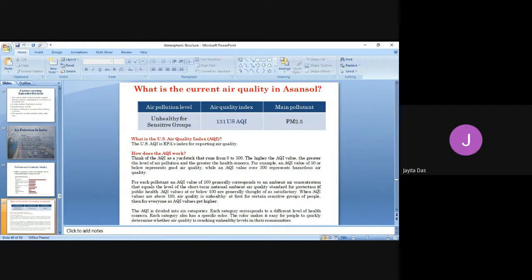Now AQI is categorized into six categories, and they demarcate whether the air is good or bad.